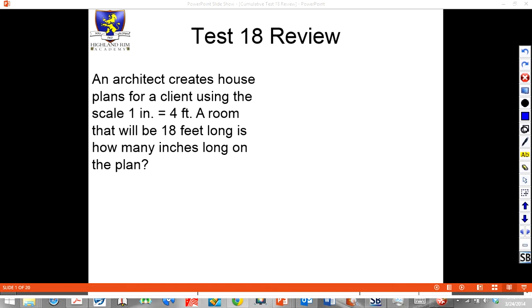So what we do is we go 1 inch over 4 feet is equal to however many inches we're looking for over 18 feet. Does that make sense? That's good.